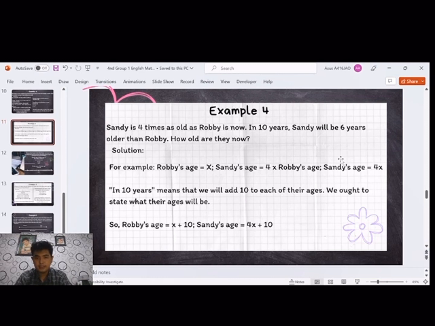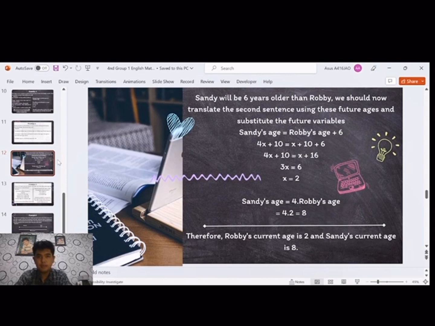In 10 years means that we add 10 to both of their ages, so we state what their ages will be. Robbie's age is x plus 10 and Sandy's age is 4x plus 10. Sandy will be 6 years older than Robbie.